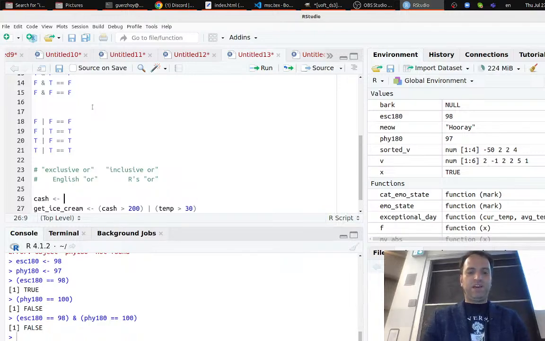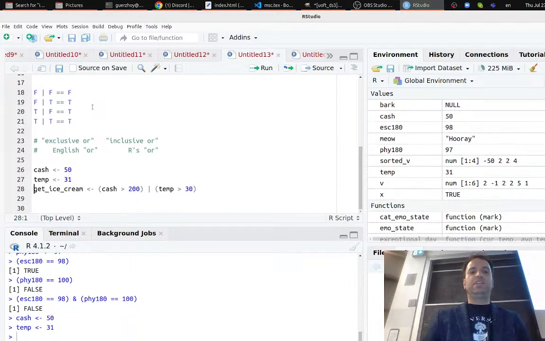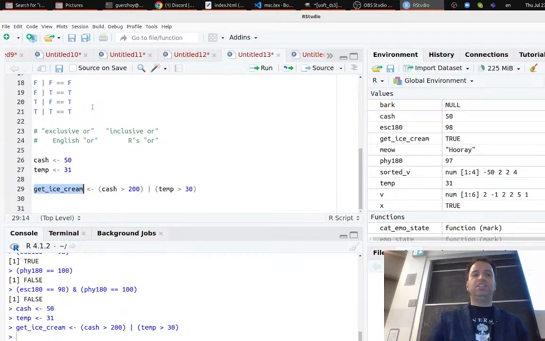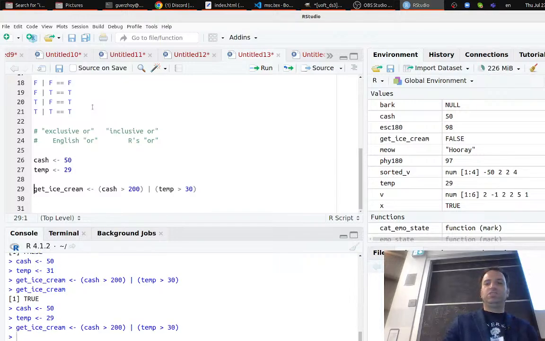And then maybe I have $50, and maybe the temperature is 31. If that's the case, get ice cream is going to be true, because temperature is greater than 30. If both of those are false, so I'll make the temperature 29 and keep the cash at 50, now get ice cream is false. Why is that? Because cash greater than 200 is false, and also temperature greater than 30 is false.